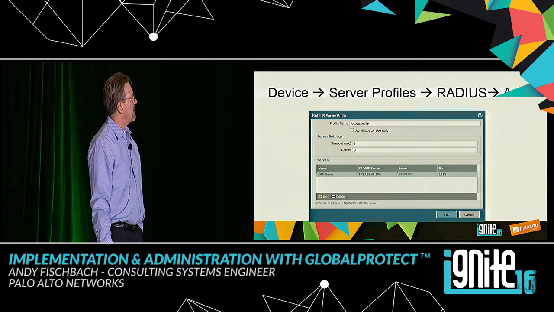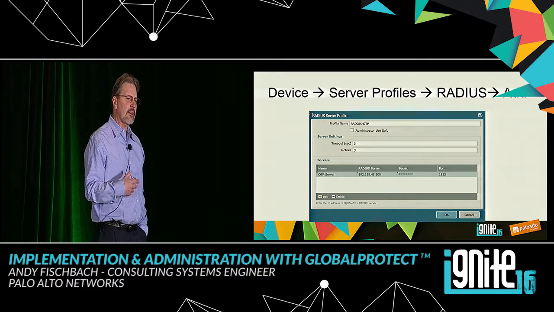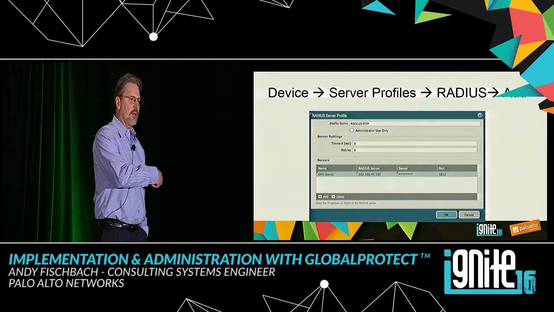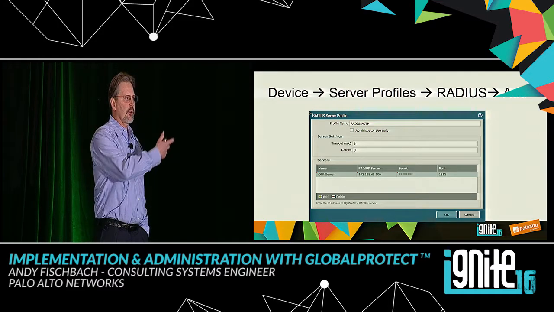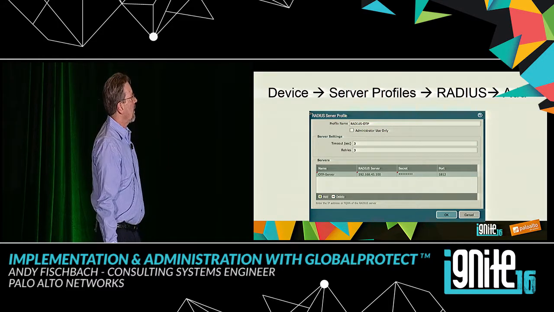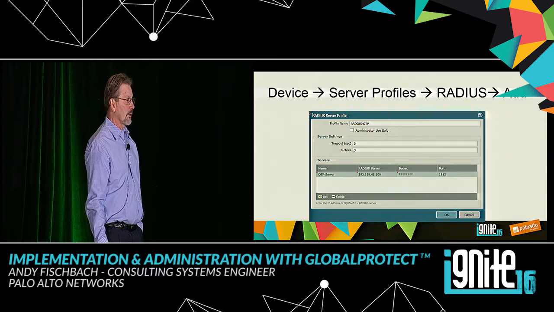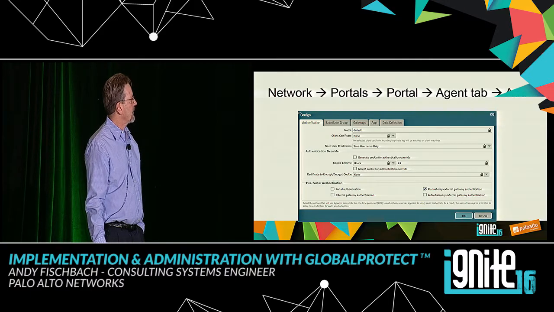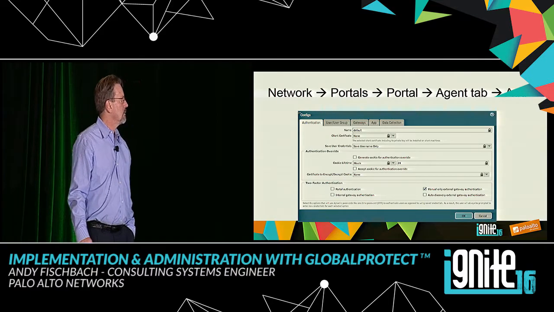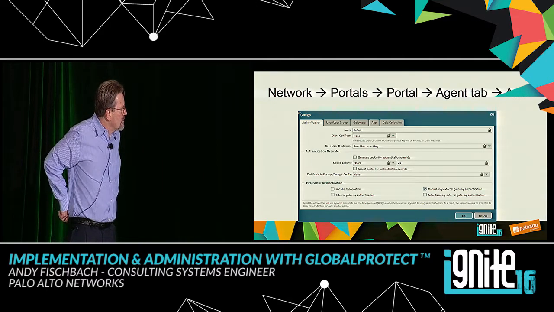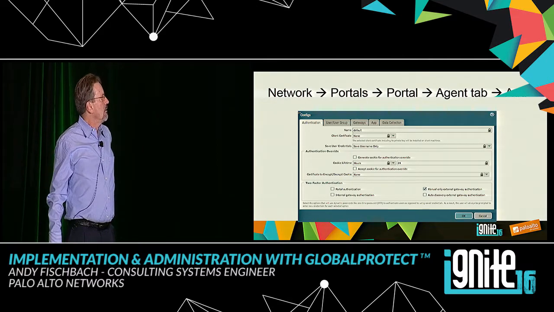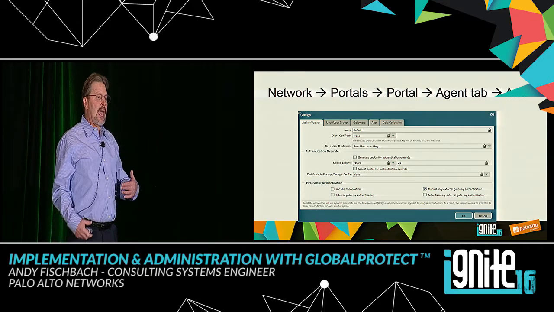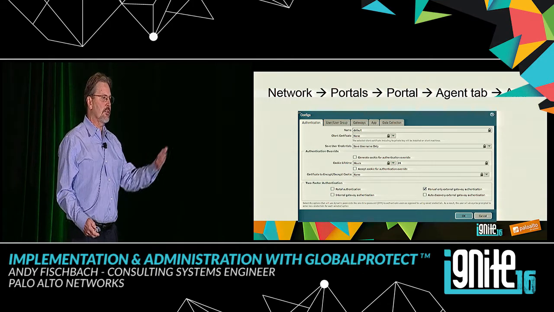In this case, I'm going to authenticate two-factor authentication on the gateway. So I want to make sure that I've created a radius authentication server and then a profile. In this case, the server. And then I create my profile, which then allows me to now add a gateway to the portal.